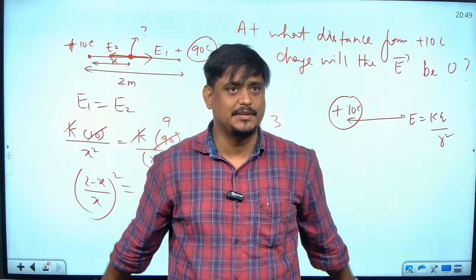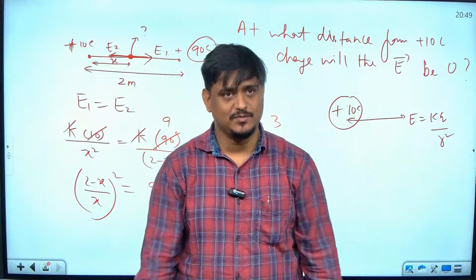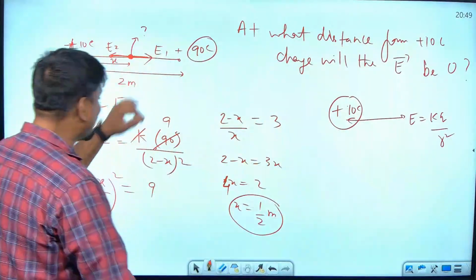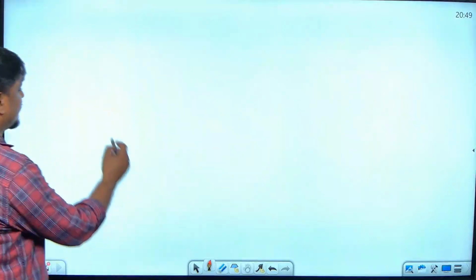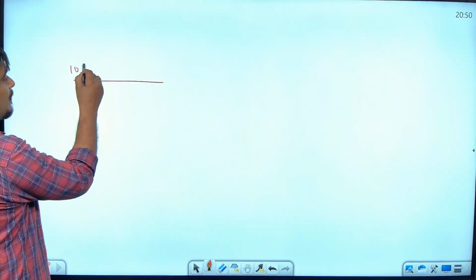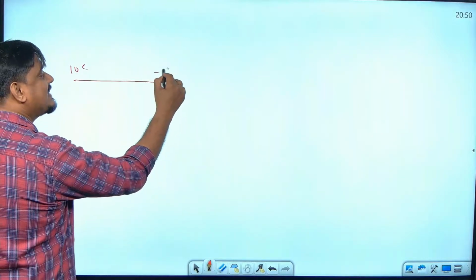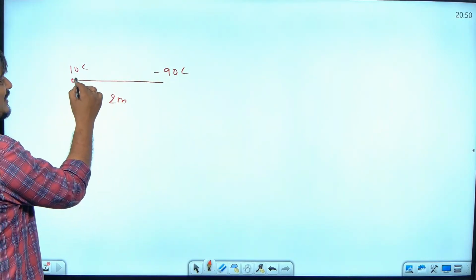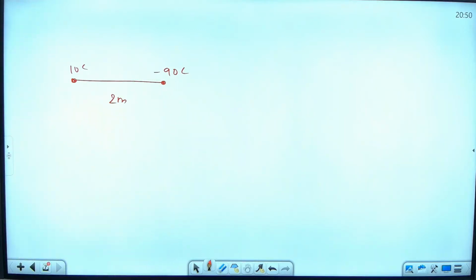Something you are understanding? Sir, let's say one is negative, one is positive, it will go attached to this. Yeah, good question. Now, same thing, I will make a question: 10 coulomb, minus 90 coulomb, 2 meter apart. Where is the electric field 0?